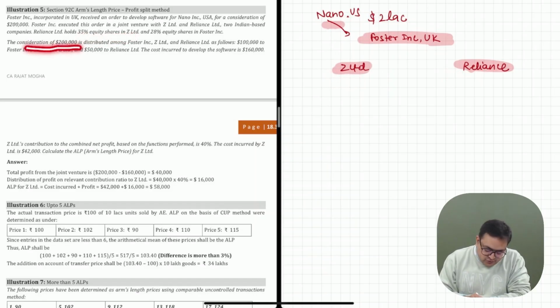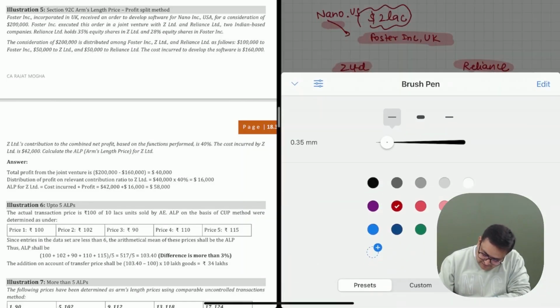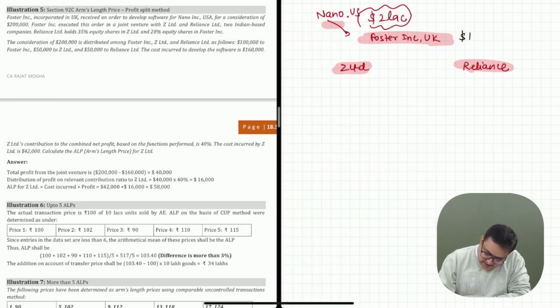The consideration of 2 lakh is distributed as follows: $1 lakh to Foster, $50,000 to Z, and $50,000 to Reliance. So this is how 2 lakh is distributed.